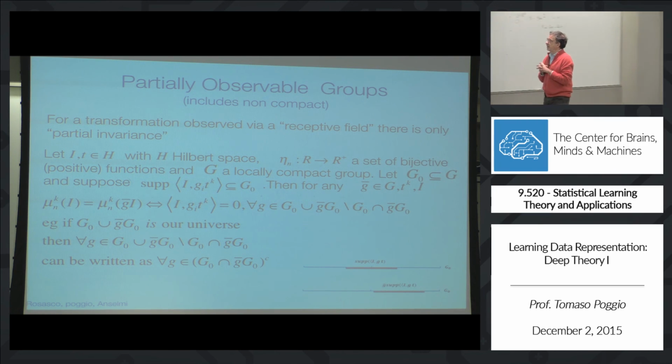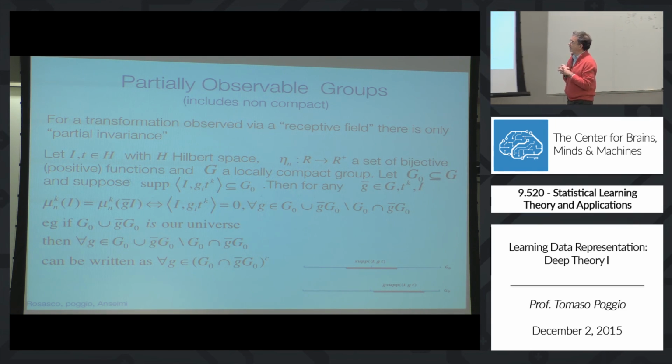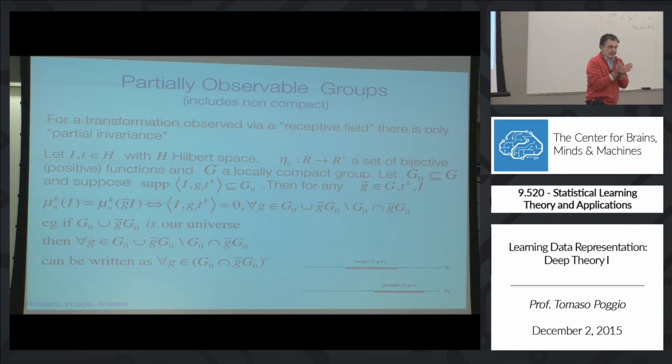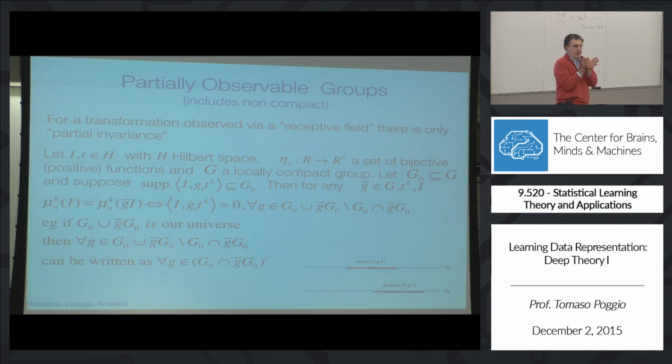I'm just saying that in the case of translation and scale, you have to imagine that you are looking at what happens through a window. For translation, it's simple. It will be just some part of the visual field. It does not go to minus infinity or plus infinity.